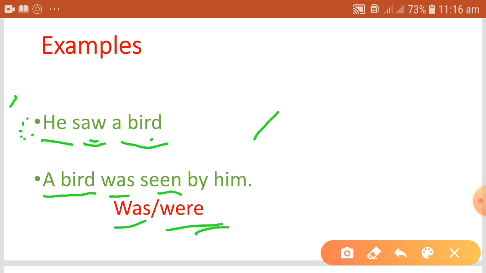Means how do we change that active sentence into passive? A bird was seen by him. So what changes come here? Let's see. The object comes at the subject position, then the verb becomes a verbal phrase, that is was seen, and he was converted as by him.